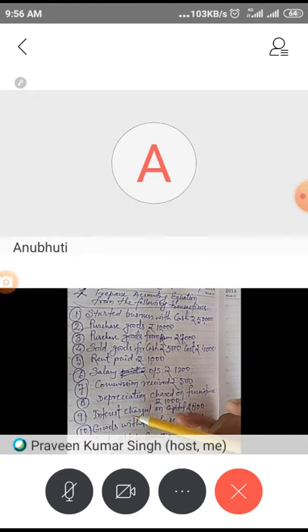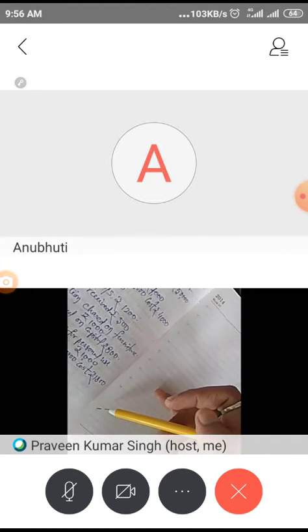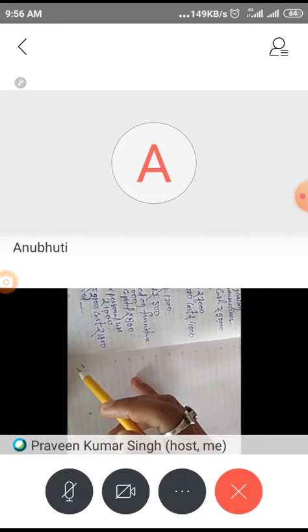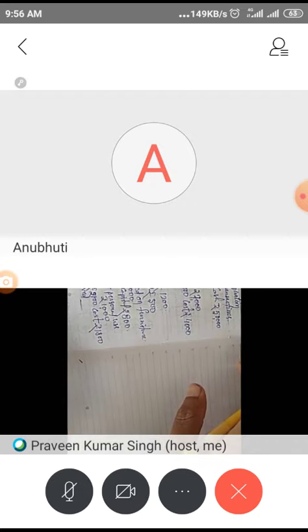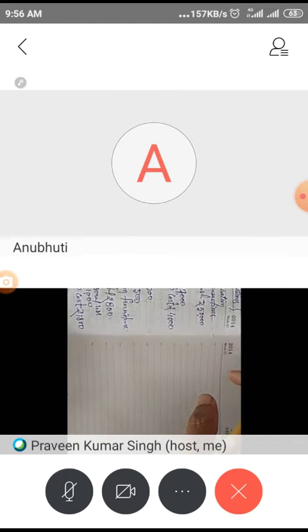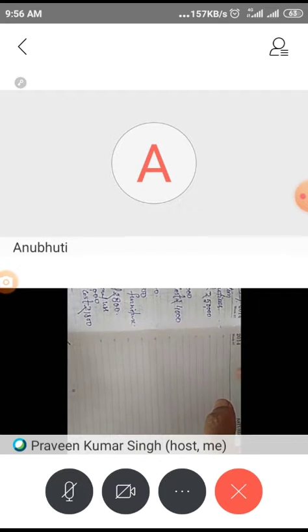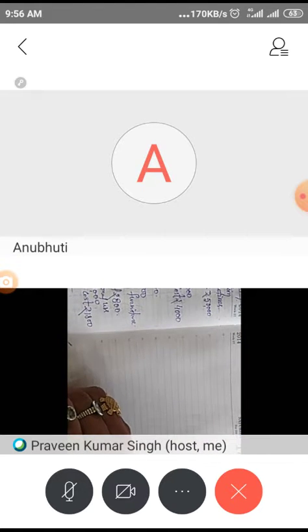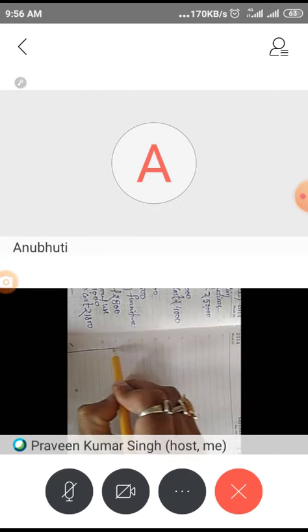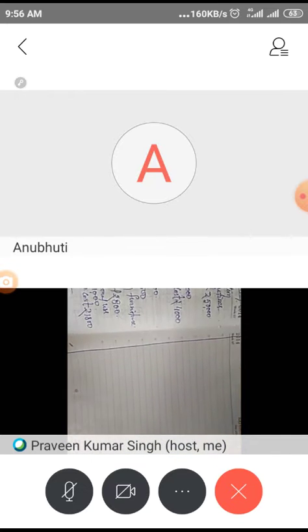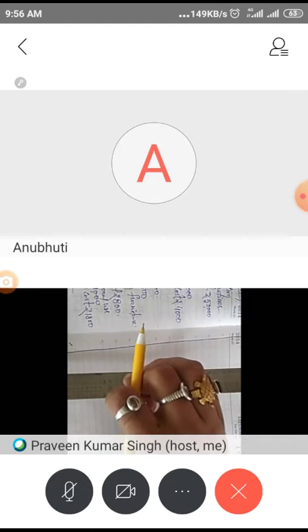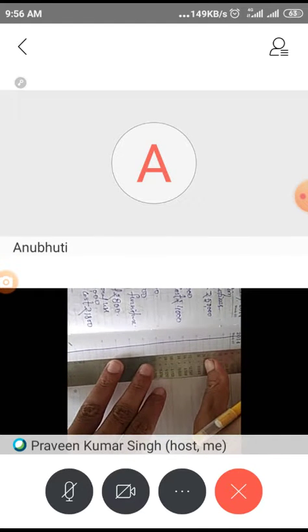So first we will prepare the format of the accounting equation. Suppose I am drawing a line for preparing the accounting equation.